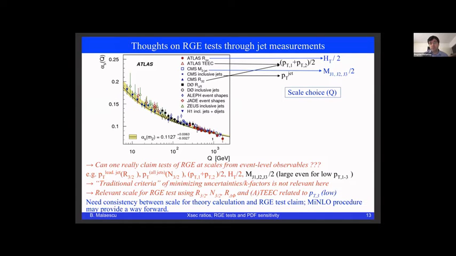I think this is really the key here, because what makes these observables non-trivial is really the probability of emitting this extra radiation, like a third jet. So somehow we need to be able to access the scale at which that emission takes place. Yeah, I think that makes sense. If this gives us a procedure to identify at least, more clearly, the consensus scale by the community, that would be a step forward, I think.